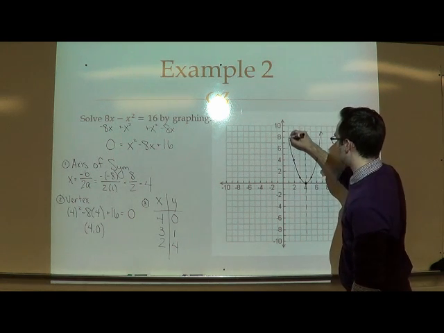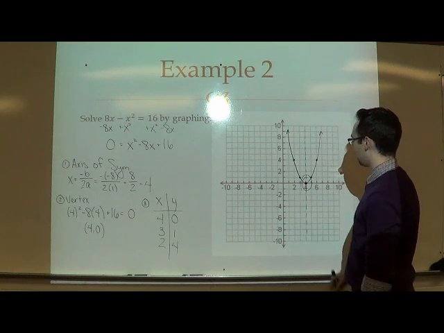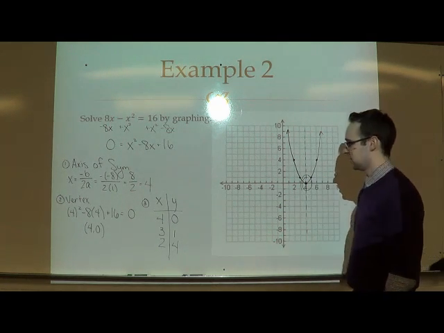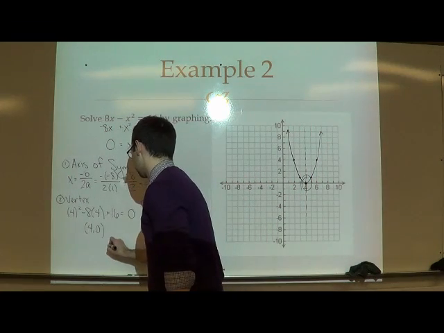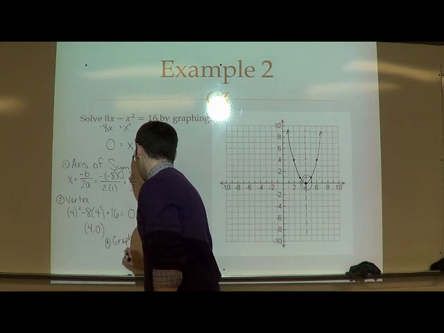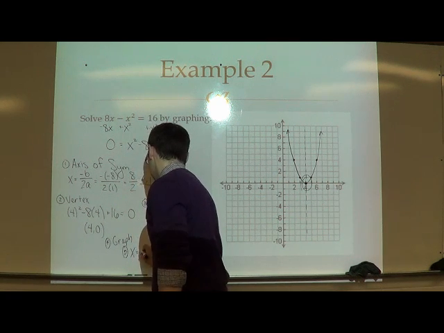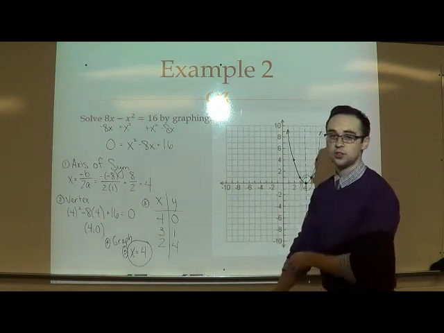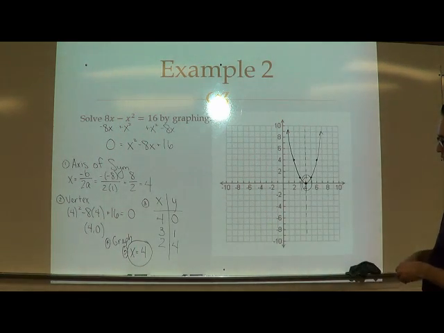Notice this is one of our different scenarios where we only have one solution because the vertex is on the axis. So step 4 was to graph. When I look at step 5, the only solution I have is x equals 4. And that's the only solution we're looking for there, x equals 4.